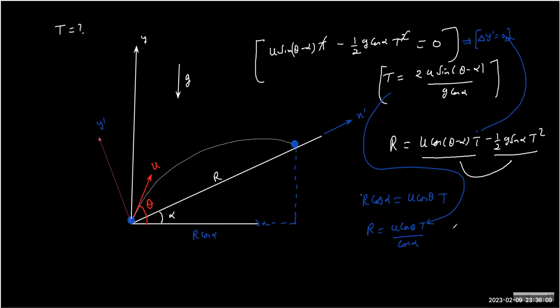Or what I can do? I'll not go to that frame. So I am a geometry guy. What I'll do is, I know that in time t you can travel u cos theta into t. And I also know that in time t you will descend. So u sin theta into t will take you upward in the same time. So the net upward movement is this much. Net horizontal is this much.